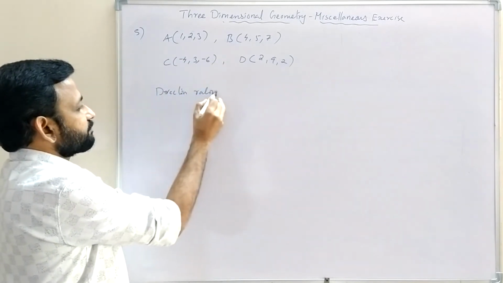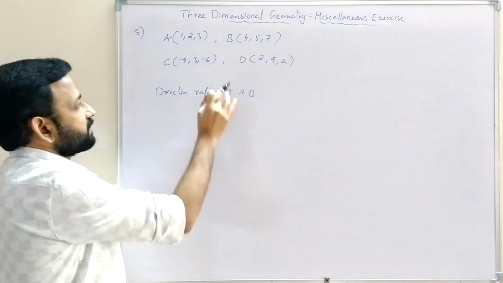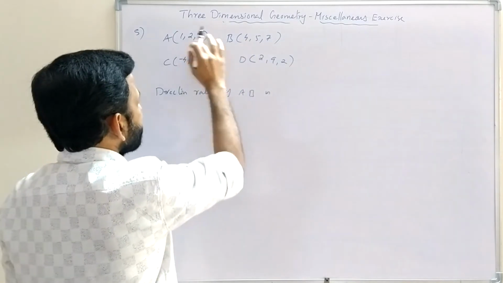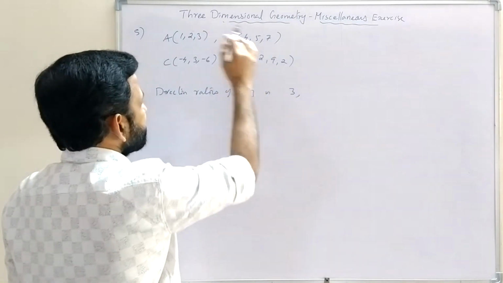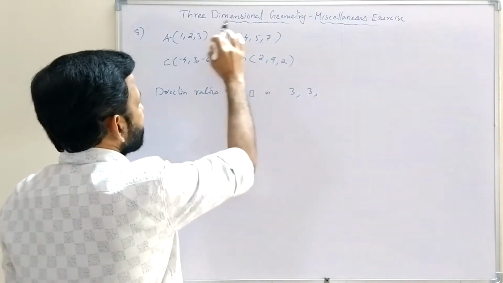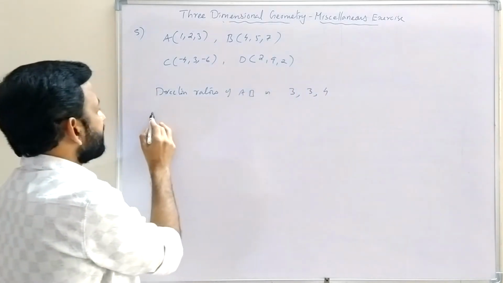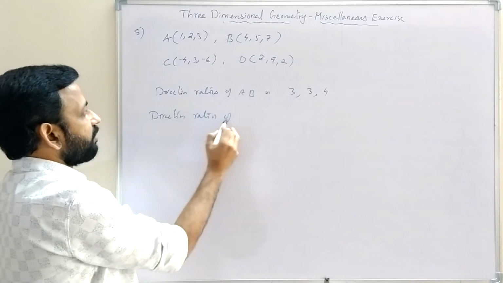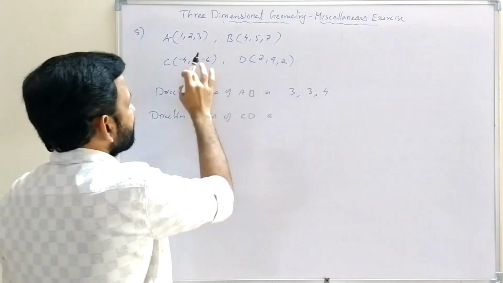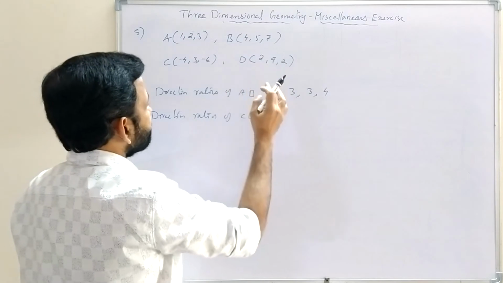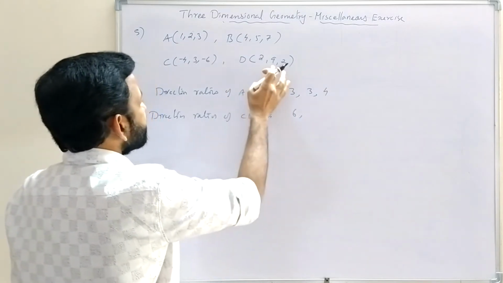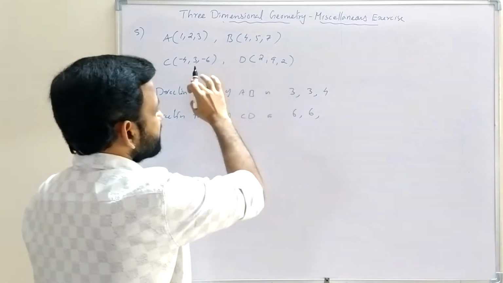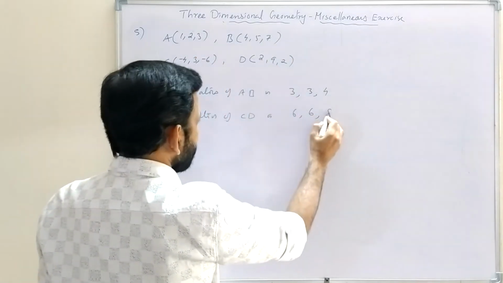Direction ratios of AB are x2 minus x1, y2 minus y1, z2 minus z1: 4 minus 1, that is 3, 5 minus 2, that is 3, 7 minus 3, that is 4. Direction ratios of CD: 2 minus minus 4, that is 6, then 9 minus 3, again 6, then 2 minus minus 6, that is 2 plus 6, that is 8.